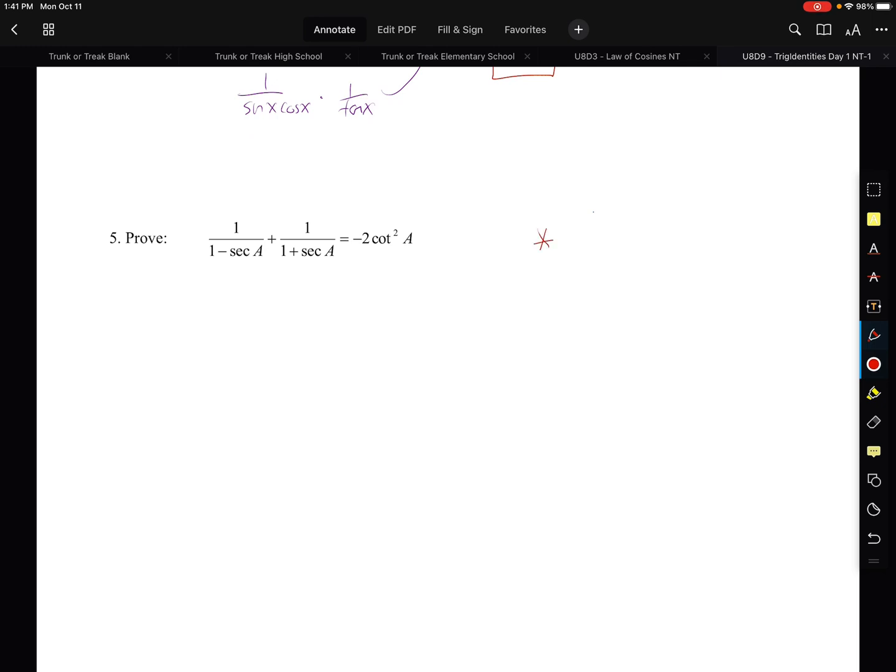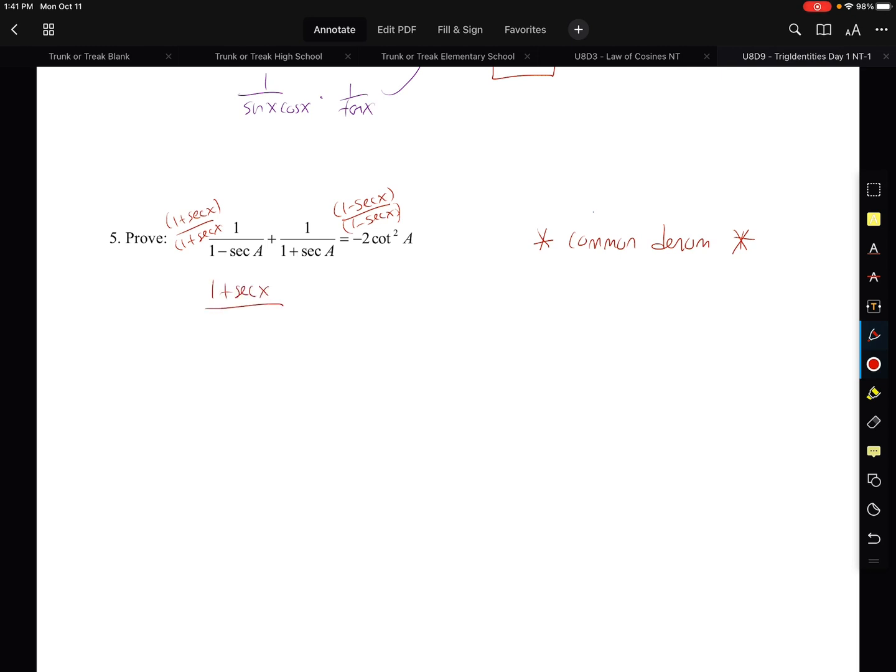One big helpful thing is common denominator. A lot of these problems, if you get a common denominator, it's going to make the problem smoother, easier, and make things work together. So if I want a common denominator here, I have to multiply this side by 1 plus secant x over 1 plus secant x, and this, 1 minus secant x over 1 minus secant x.